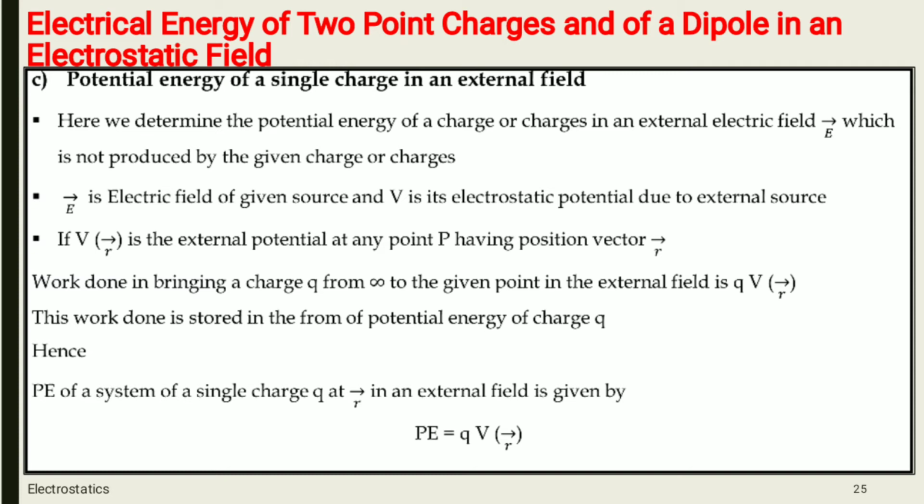Okay, so if E is an electric field of a given source and V is its electrostatic potential due to the external source, मतलब एक पॉइंट चार्ज लिया आपने, we have placed it in an external electric field, so E क्या होगा, E is the electric field of that external source and V is the potential due to the external source.